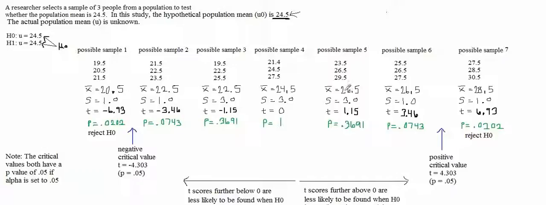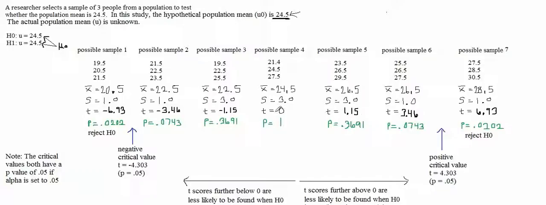And when the sample mean goes up to 28.5, and the sample mean is now 4 higher than the hypothetical value, the t-score goes up to 6.93. So the further the sample mean is above the hypothetical value, the further the t-score will be above 0.